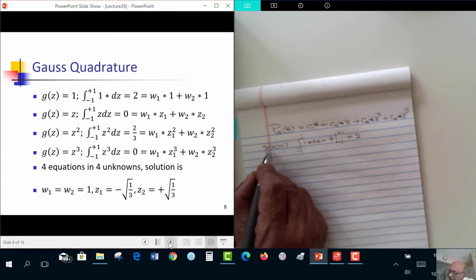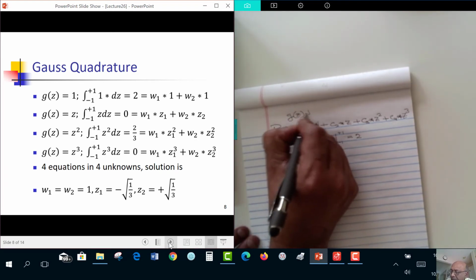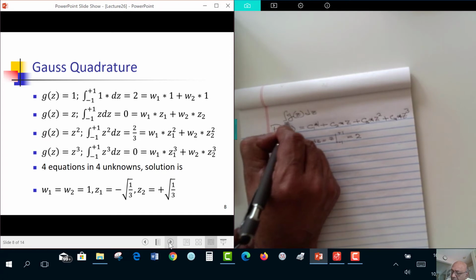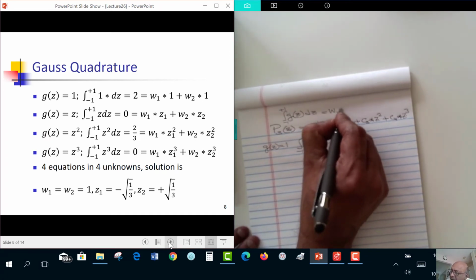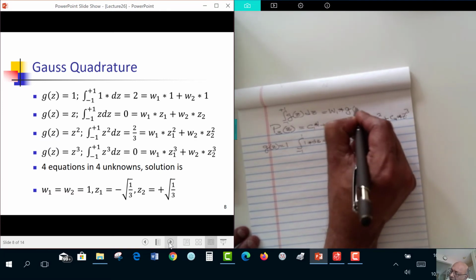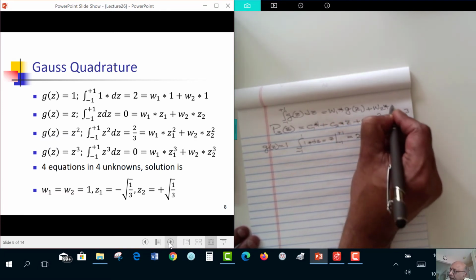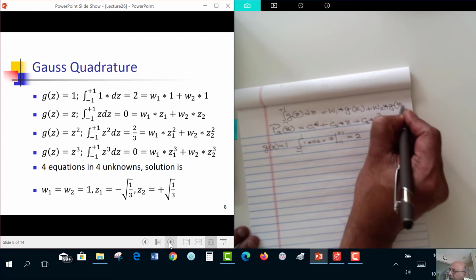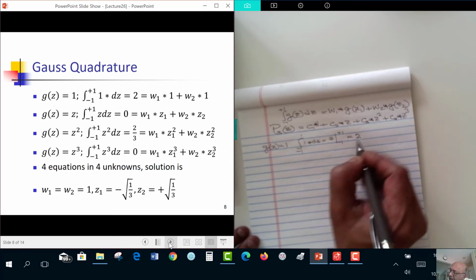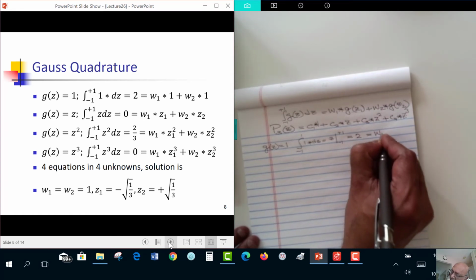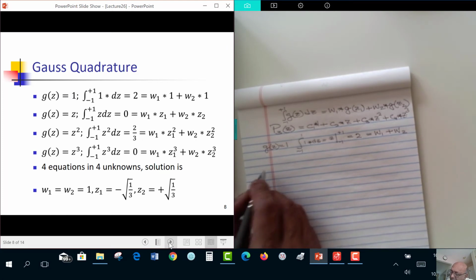So the integral of g(z) dz, remember, from minus 1 to plus 1, we would have written as w1 times g at z1 plus w2 times g at z2. But our function g(z) is 1, so this will just become w1 plus w2. So that's our first equation.